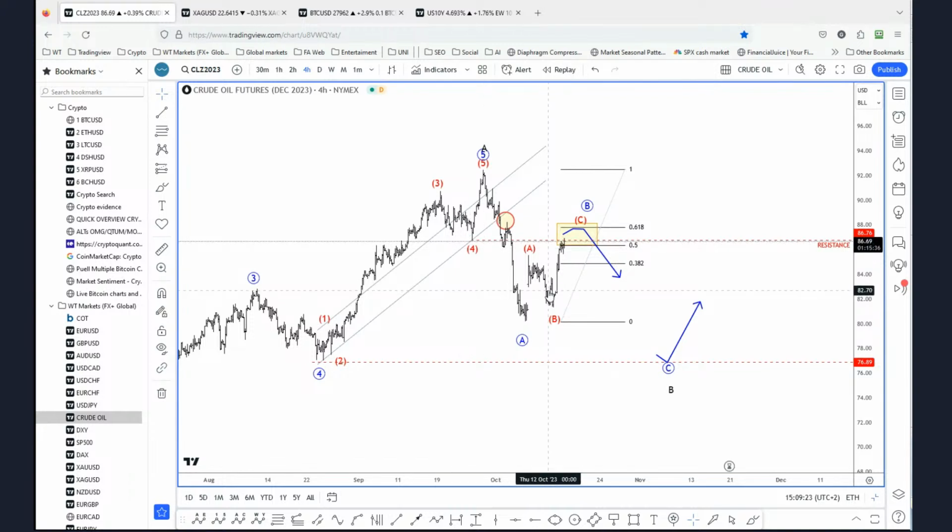But again, I know what's going on in the world. Obviously, the war will try to bring crude oil even higher. But from an Elliott wave perspective, I just do not want to fight this current structure, because it definitely suggests the opposite. I have to respect what the Elliott wave structures are telling us, because that's how I look at the markets.